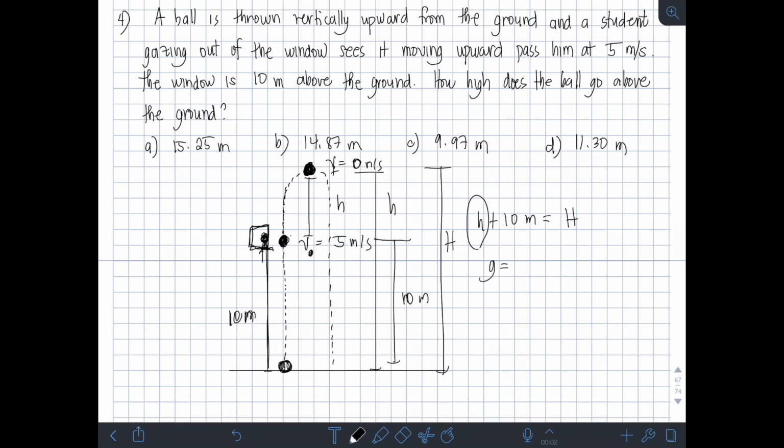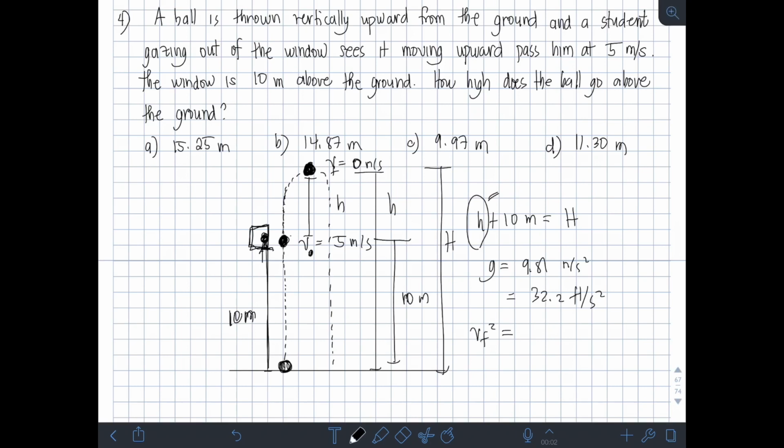Yung G natin will be, dahil yung mga unit natin is meter per second, gamitin natin yung 9.81 meter per second squared. Pwede rin siyang 32.2 feet per second squared, kung feet yung ating given sa height.